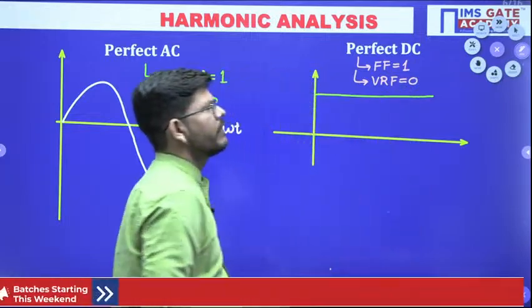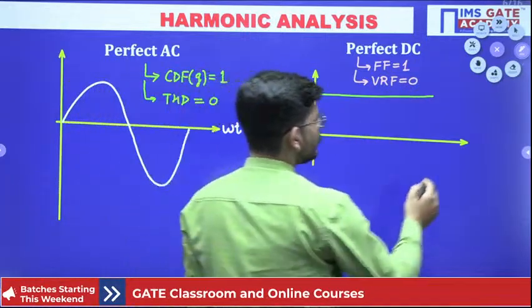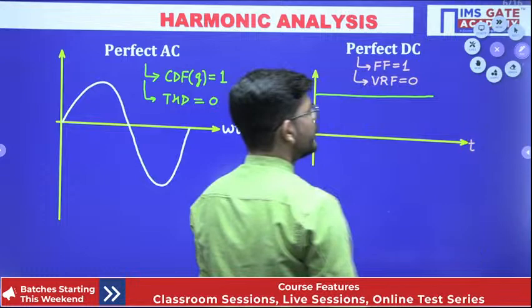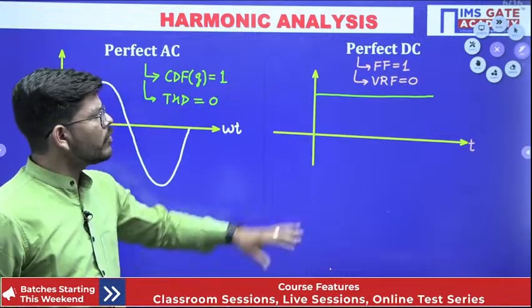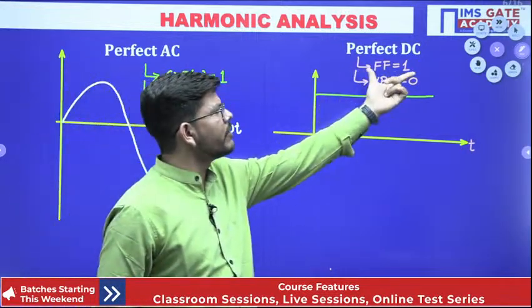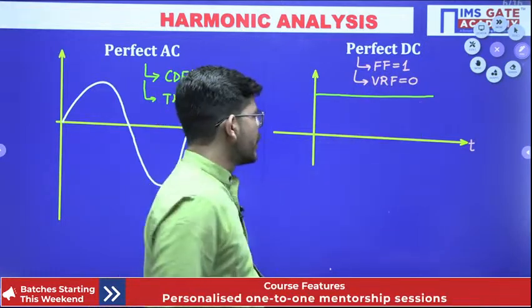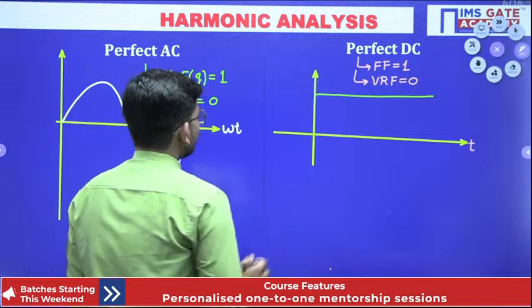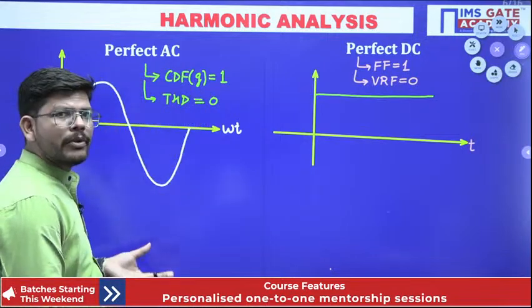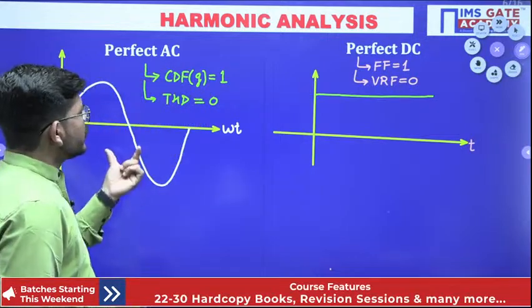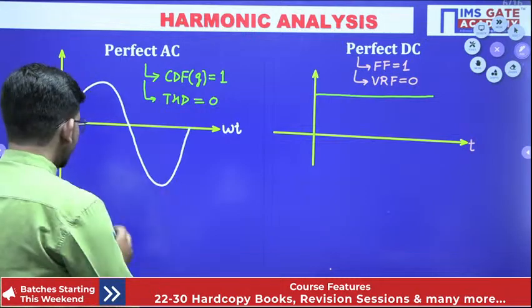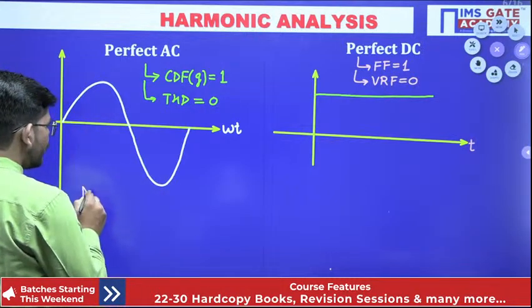So this is the definition of a perfect DC voltage, isn't it? For a perfect DC, the form factor has value 1 and the voltage ripple factor is 0. No ripple is there. Now, as we have seen here, as the G value approaches unity, let me write this point because this is a very important point.